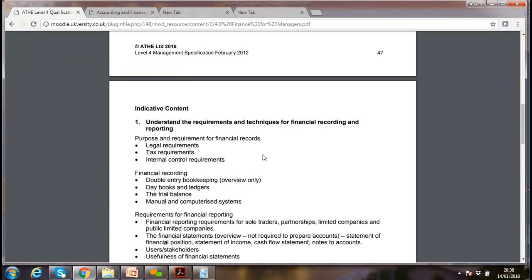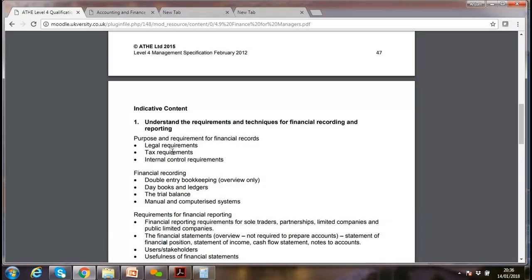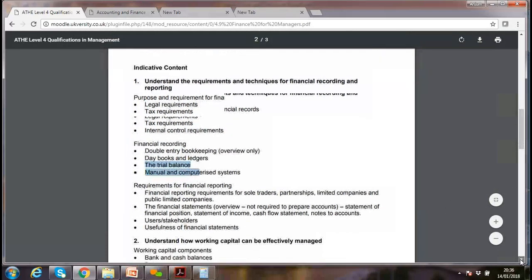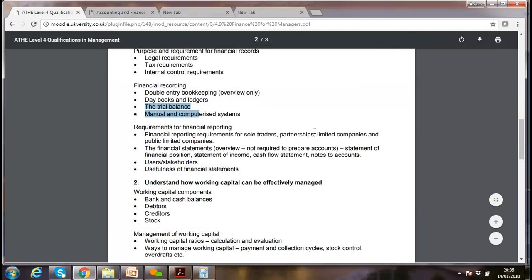So I'm going to send you the book as well. This is where we discussed legal requirements and internal requirements. We discussed double entry bookkeeping, debit and credit, and all the debits and credits shown under the trial balance. I mentioned how many types of statements we prepare, and a limited company must publish 4 types of statements: income statement, cash flow statement, financial position, and shareholder statement.